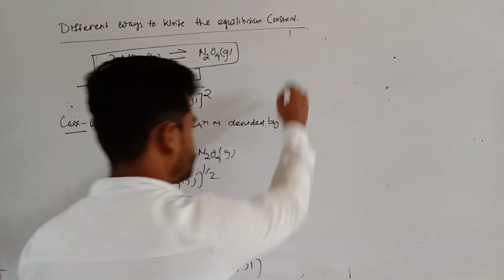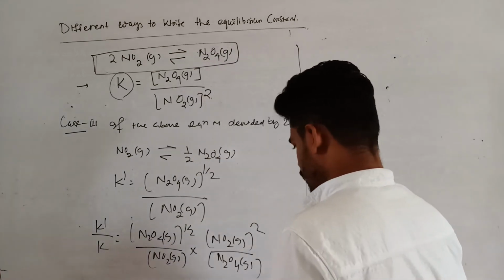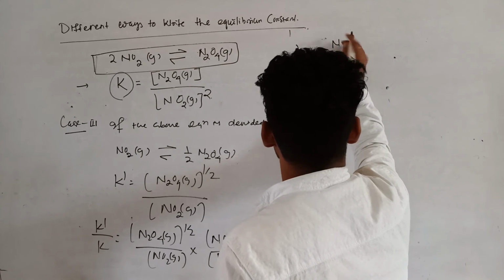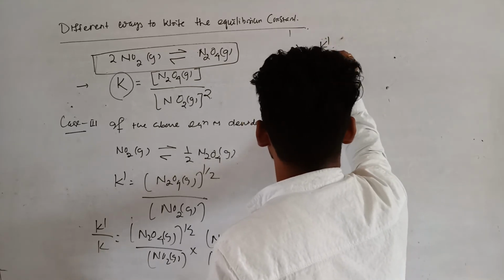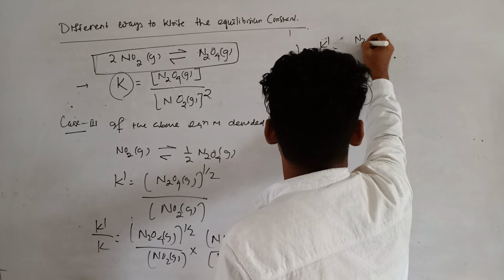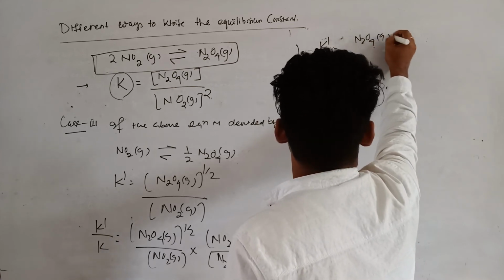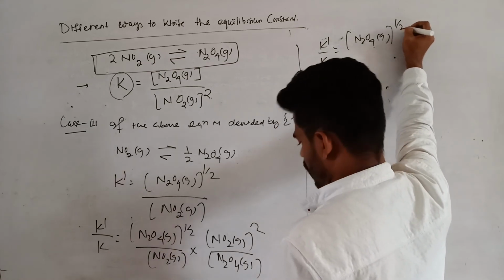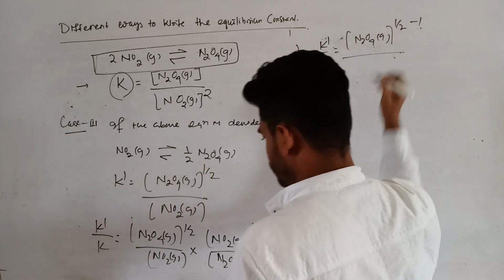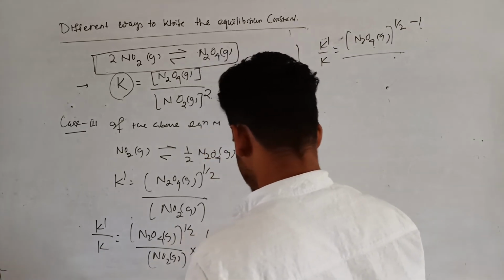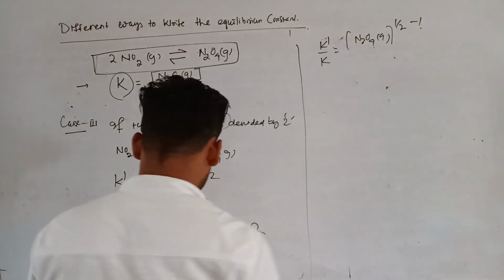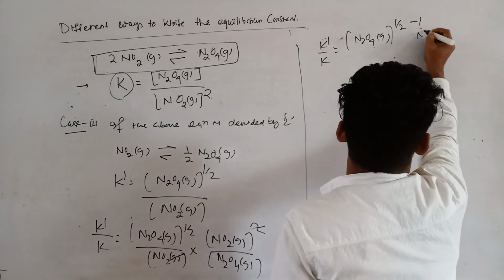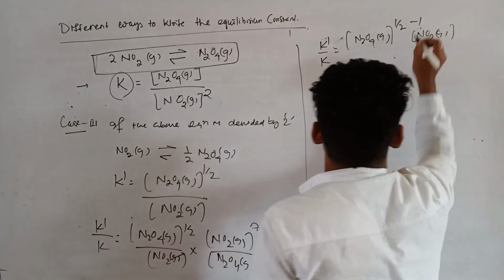Now you just see, the value of K dash by K is equal to N2O4 gas to the power 1 by 2 minus 1, into, okay, so here one NO2 gas gets cancelled, NO2 gas this much.